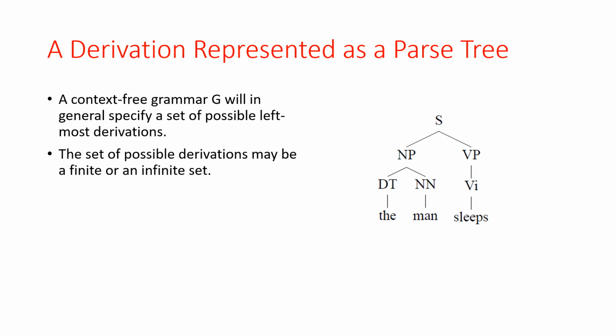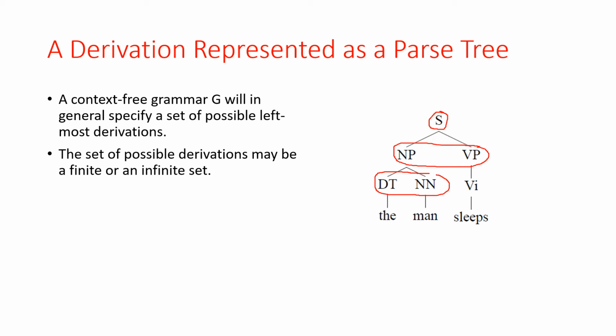If we want to illustrate the process of extracting leftmost derivations, we start with the start symbol, which is the first string in our sequence. The next string in our sequence would be NP VP. Our leftmost non-terminal now is NP, so we use a rule from our grammar to replace it with DT and NN.